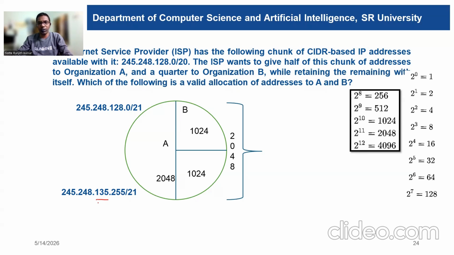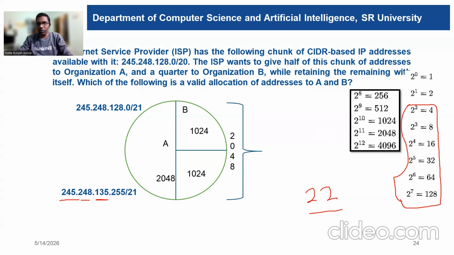For 136, we have to use 22 bits as the network address. That means 8, 8, 16, 16 plus 6, 22. From the third byte, we have to take 6 bits. So these bits, a total of 6 bits, up to here are used for the network address. The remaining 2 are for the host.